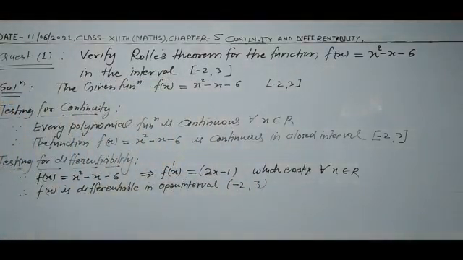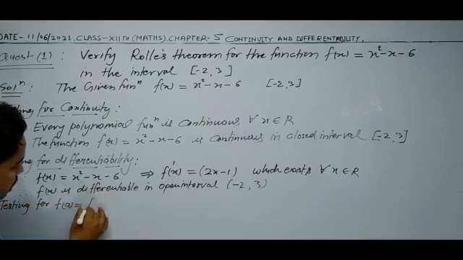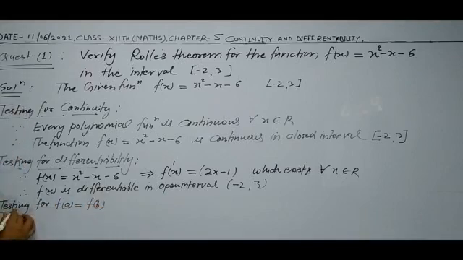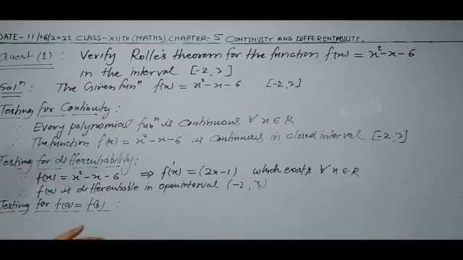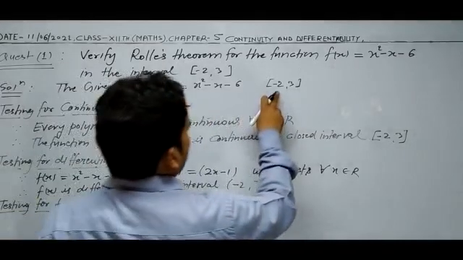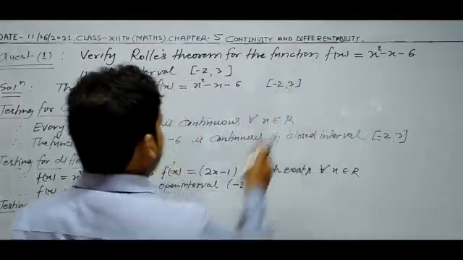So what is the third condition? The third condition is testing for f(a) = f(b). The lower value is −2 and the upper value is 3.